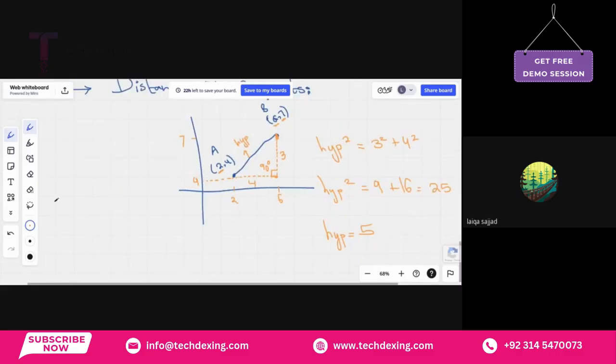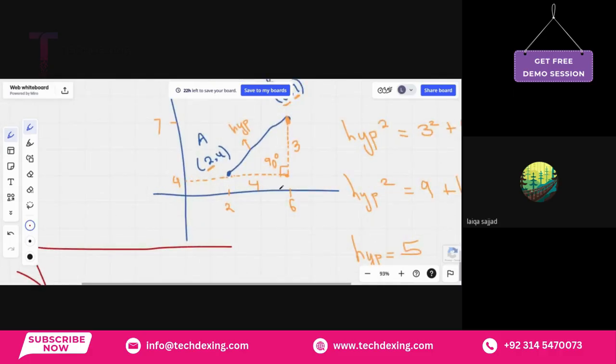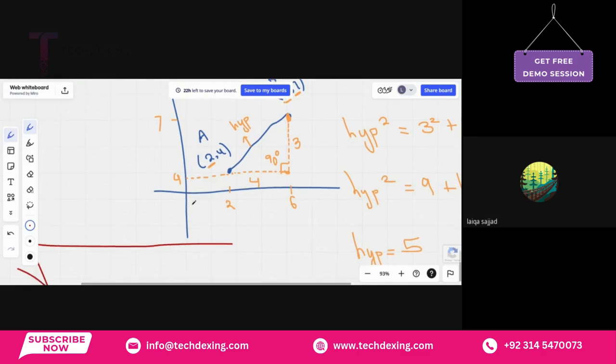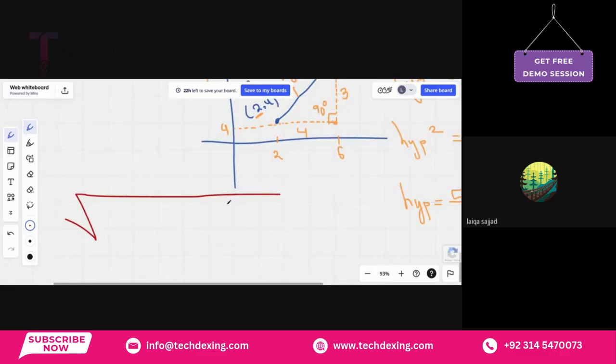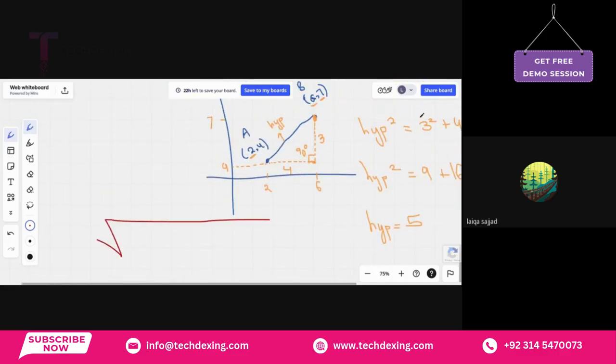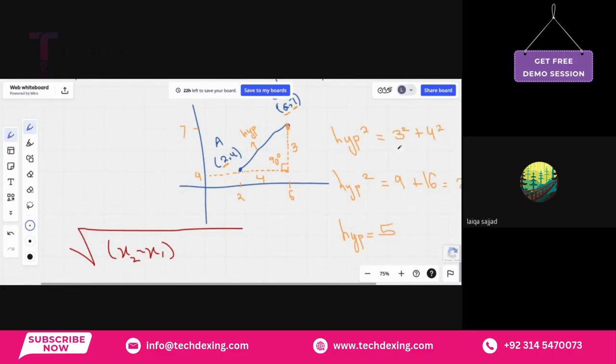This is what we do. You can see what I did. To find these two sides, first I subtracted the x coordinates of both the points, so it will be x2 minus x1, and then we took a square of it.